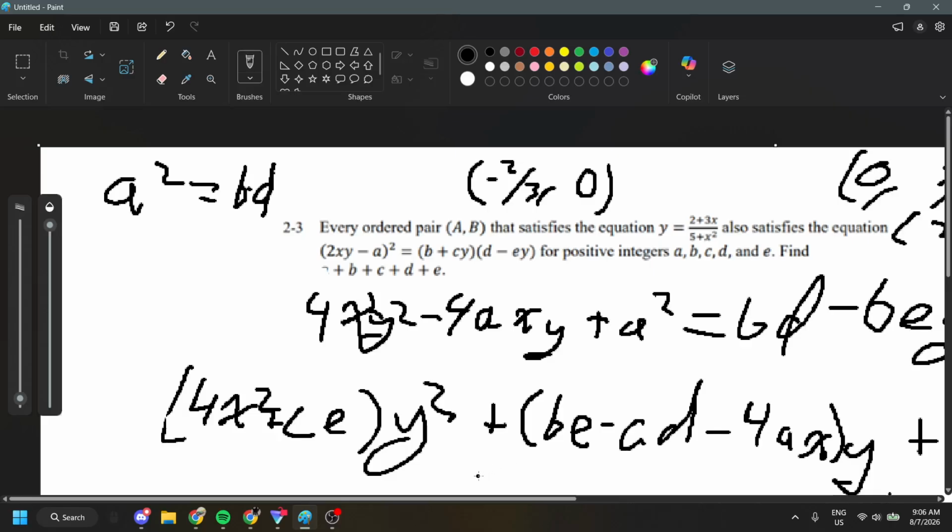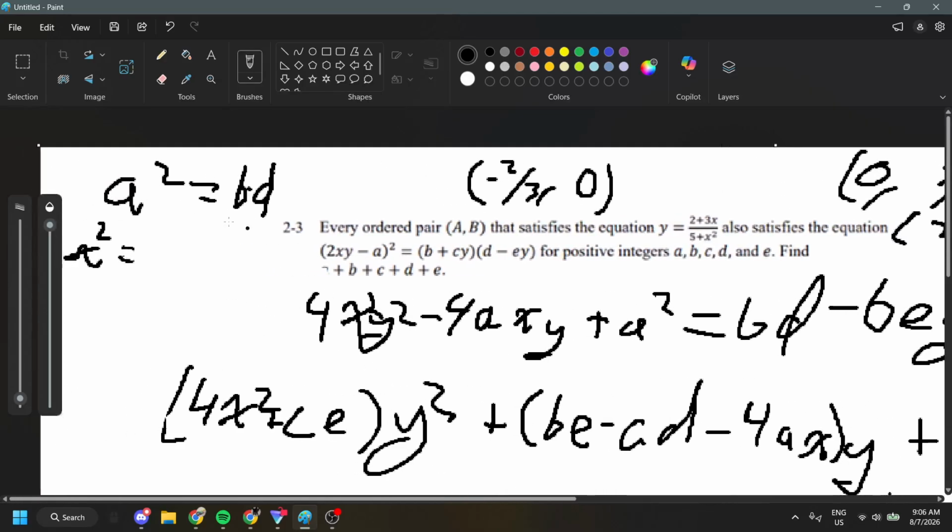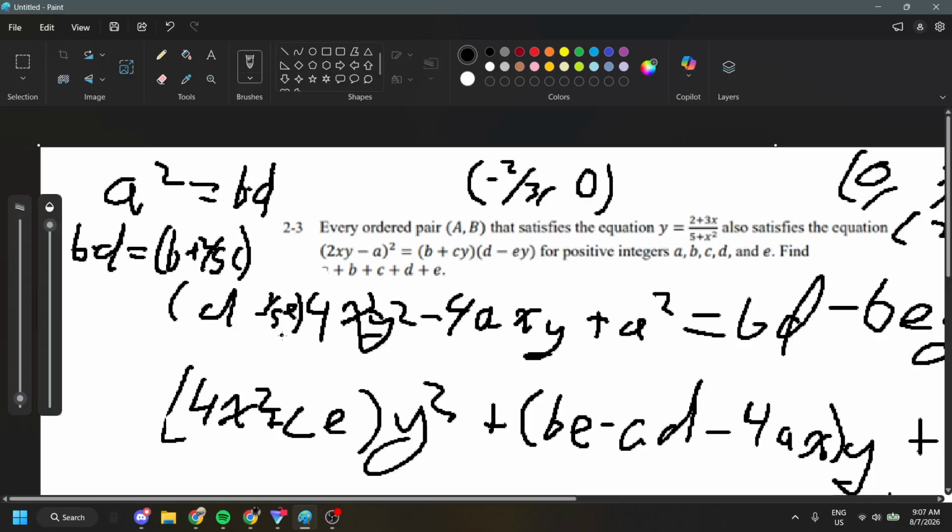We can't really get another good one, I don't think, other than 0 for x, where we get a squared is equal to... I guess here you could use b times d. b times d is equal to b plus 2/5 c times d minus 2/5 e.